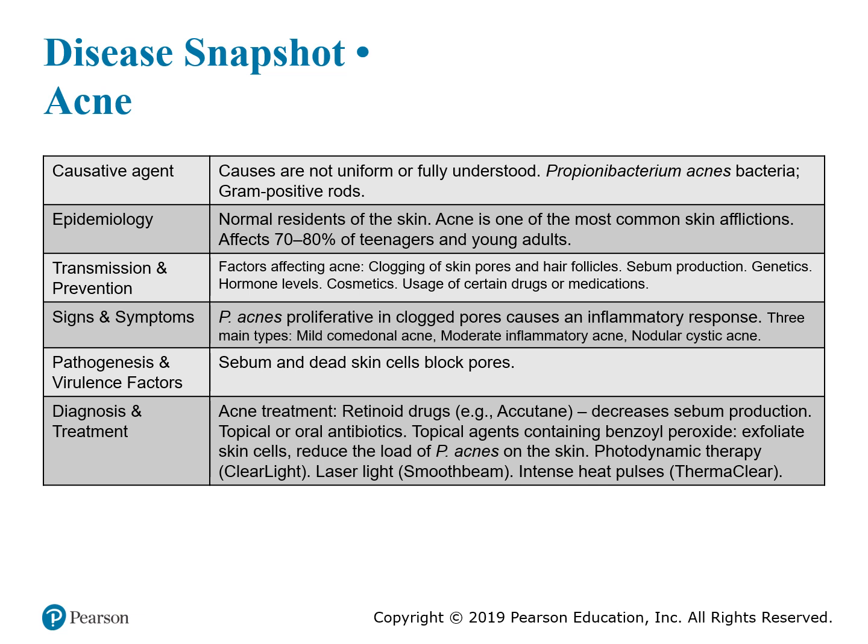What will happen is the pores or the hair follicles will become clogged, which allows P. acnes to start proliferating within that pore and causing an inflammatory response, and that's where you start seeing the signs of acne.